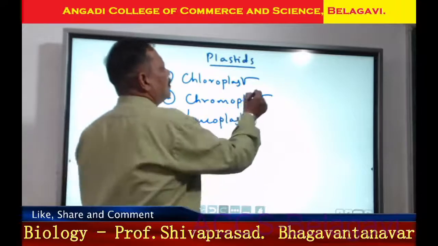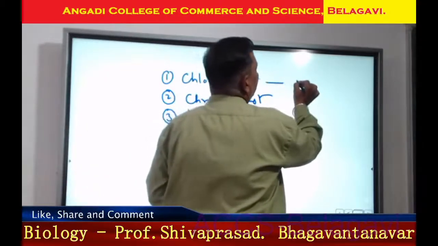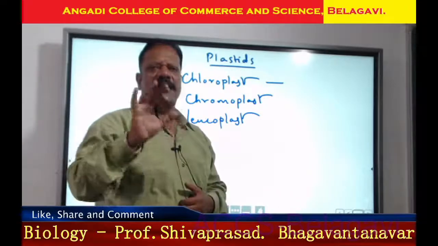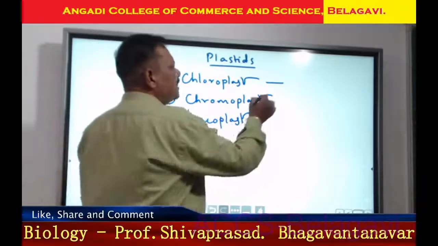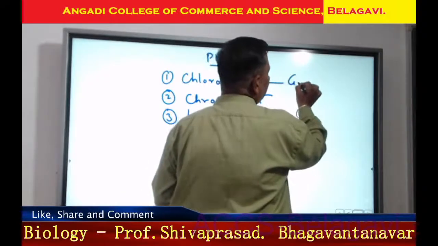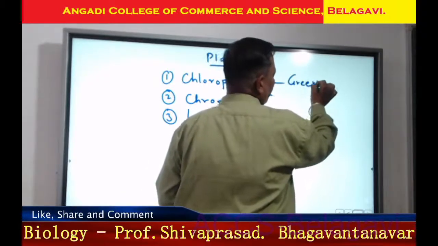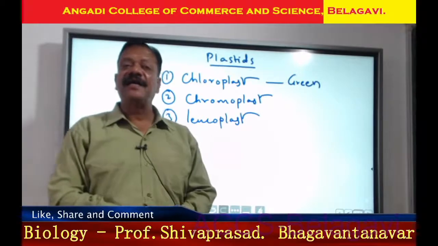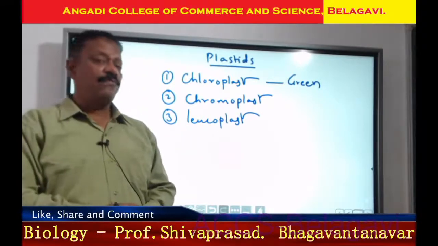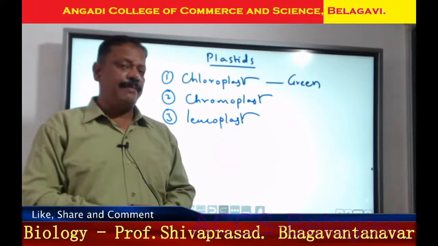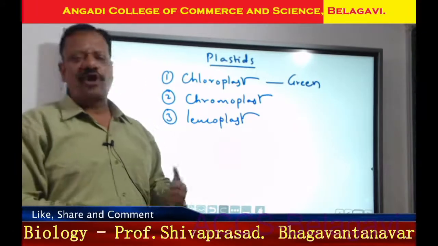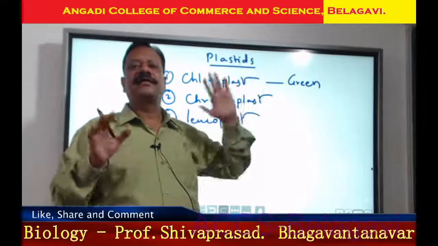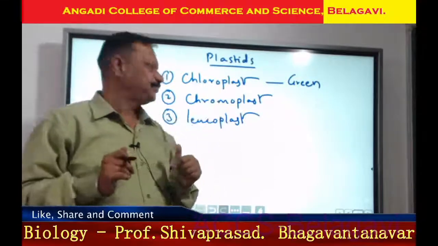Now the chloroplast contains chlorophyll A, B, C and so on. So it always gives green color to the plant body. The chloroplast contains the green pigment chlorophyll, called chlorophyll A, B, C and so on. Like this, the chloroplast always gives green color to the plant body.